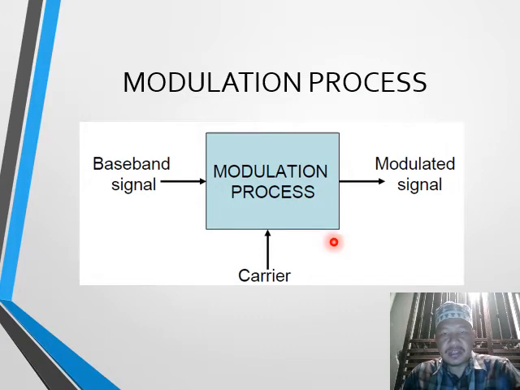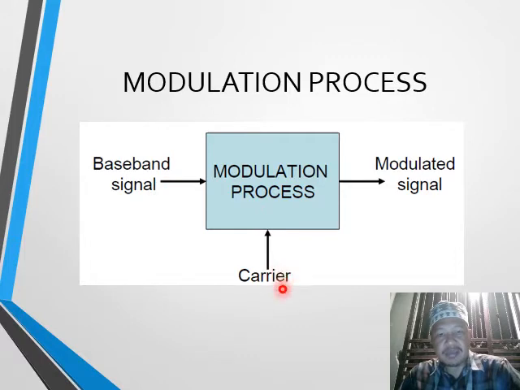This is the block diagram of the modulation process. Here we have two inputs and one output. The first input is the low frequency information signal, sometimes also called a baseband signal.